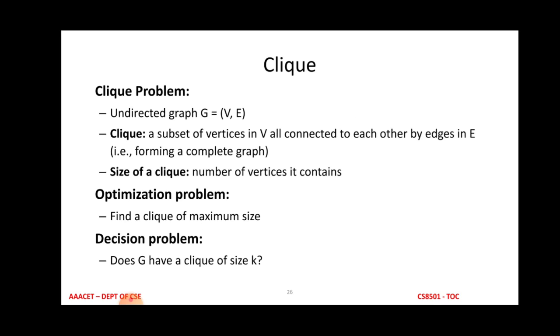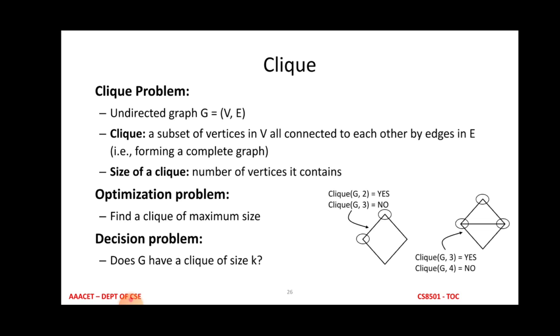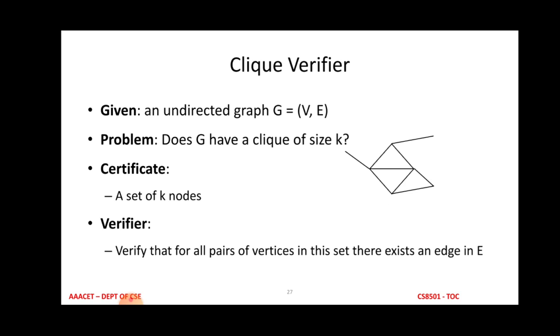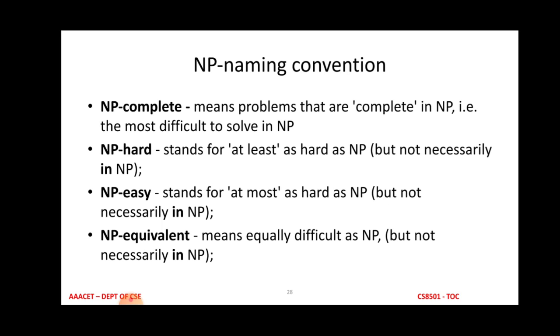Complete subgraph means all the vertices in the subgraph are connected with all the other vertices in the subgraph. So this is an example for the clique problem. This is a clique verifier: it checks whether the given graph is a clique or not.